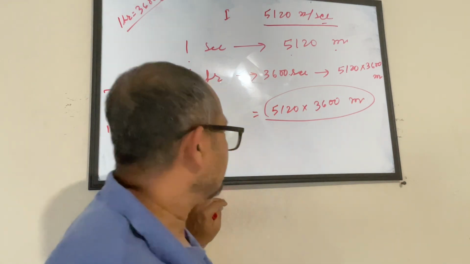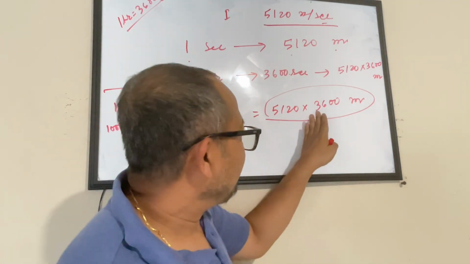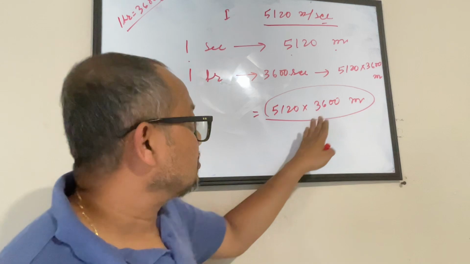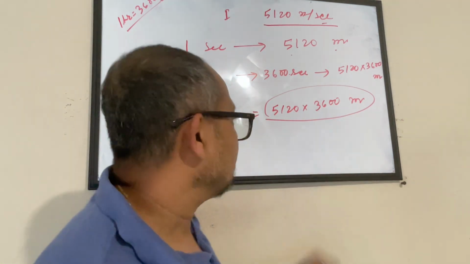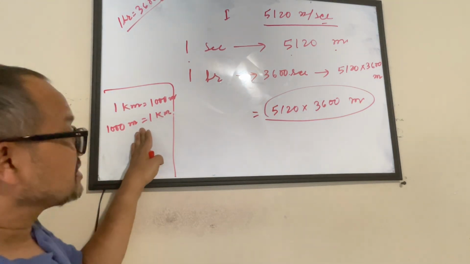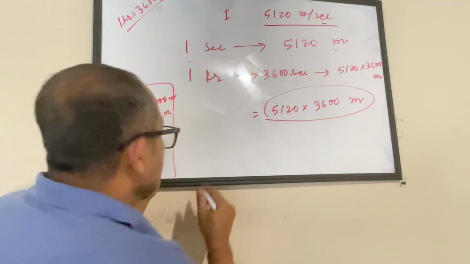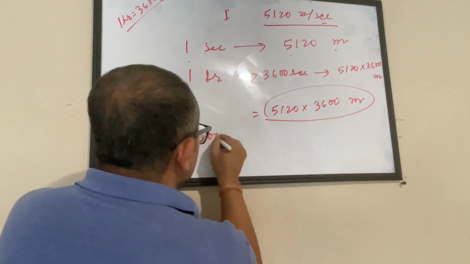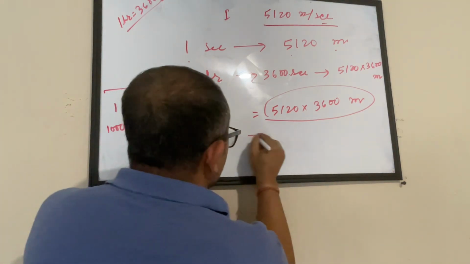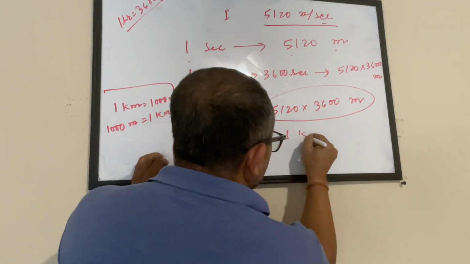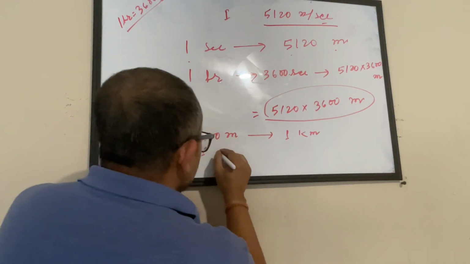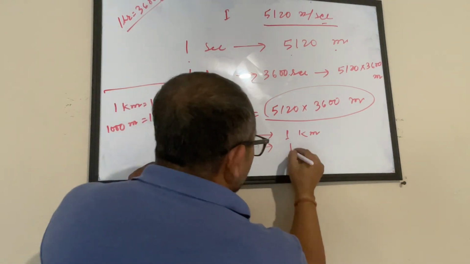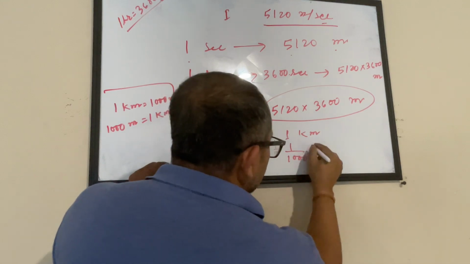So we got to know this many meters it travels per hour. We have to find out this in kilometers. So this is my relationship between kilometer and meter. 1000 meter equals 1 kilometer. This is what we know. Now 1 meter equals 1 by 1000 kilometer.